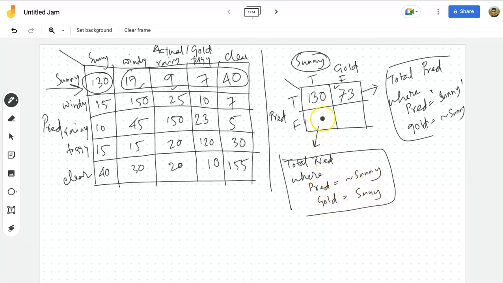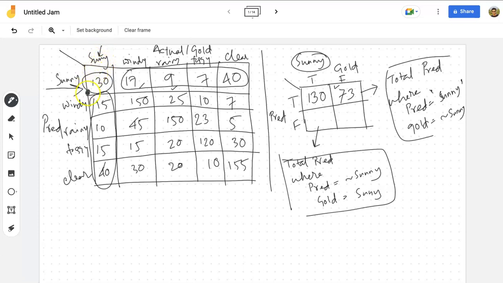So how to calculate the value for this cell from the actual table? Same, you just need to calculate the sum of these four cells. What does this column suggest? The total number of gold labels for sunny.